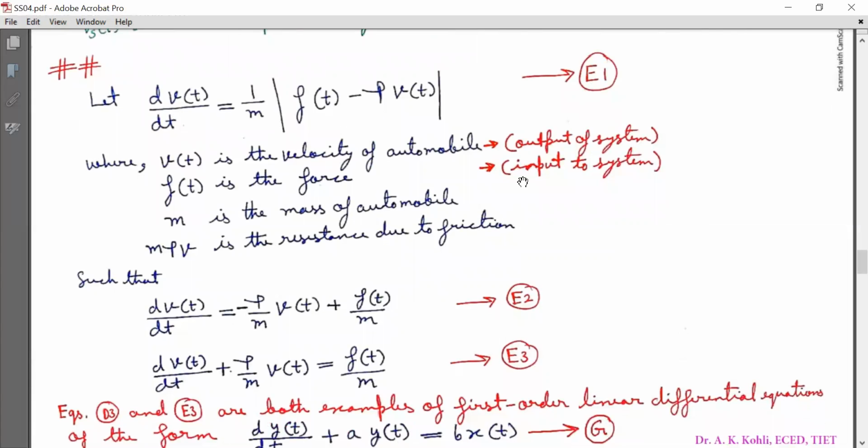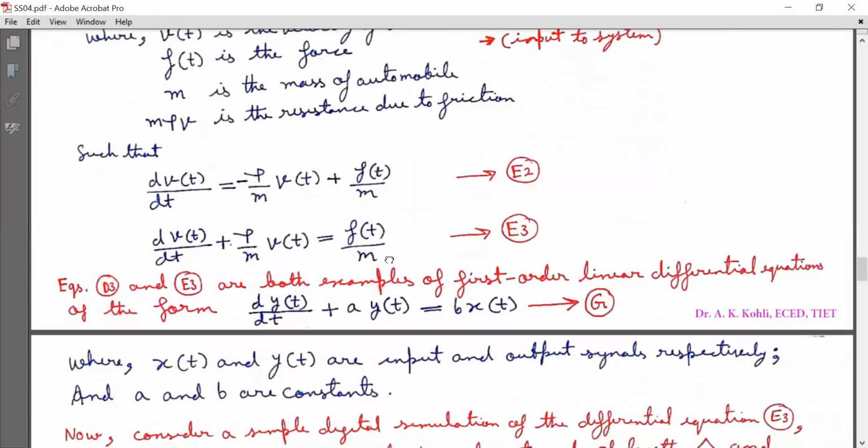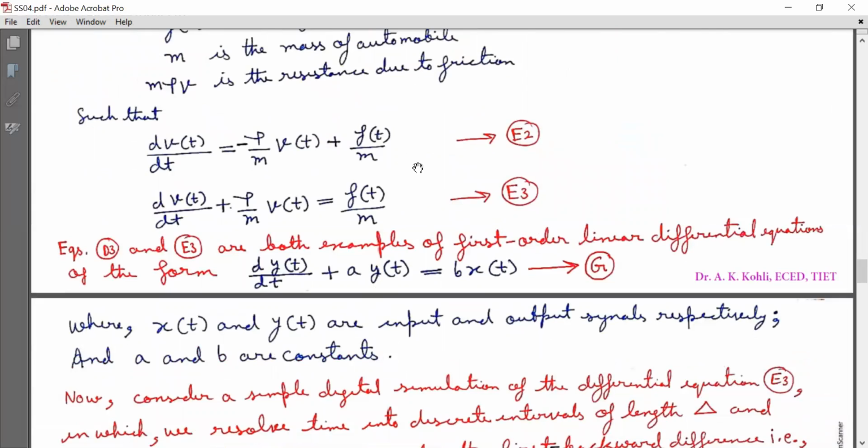Now solving equation E1 leads to dV(t) by dt equal to minus rho by m V(t) plus F(t) by m. Now equation E3 is the simplified version of equation E2, which states that d by dt V(t) plus rho by m V(t) is equal to F(t) by m.